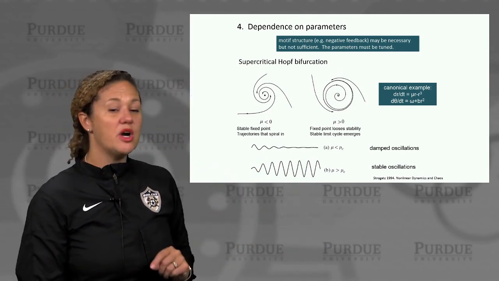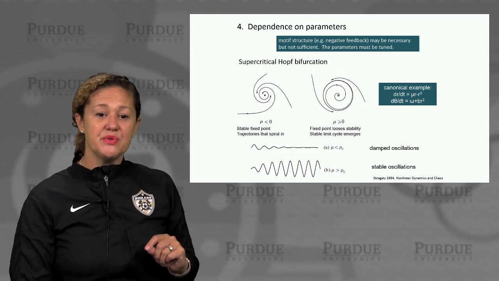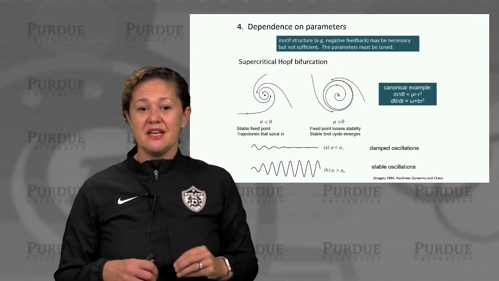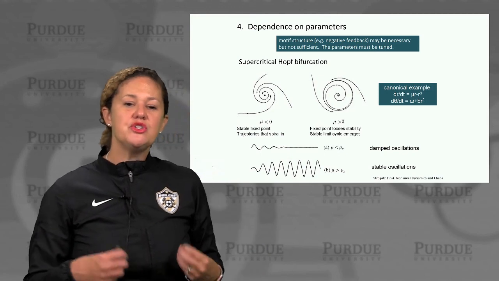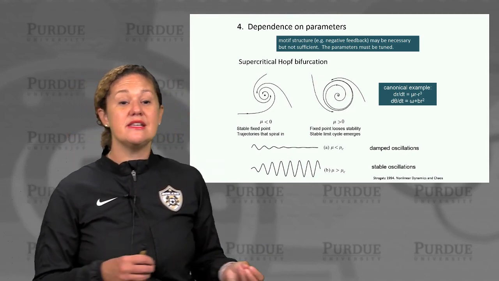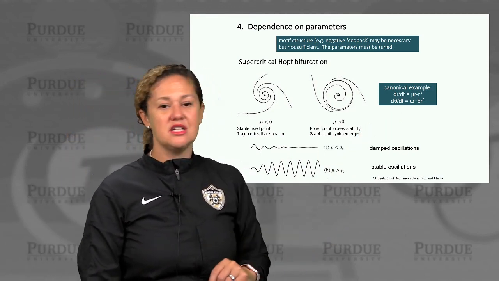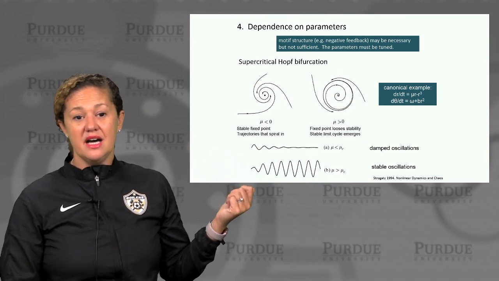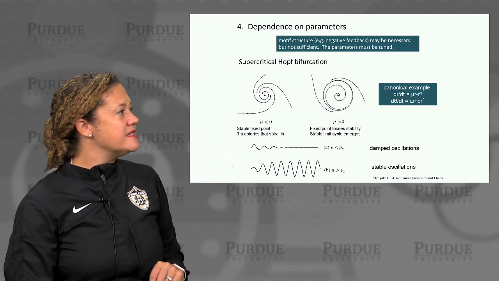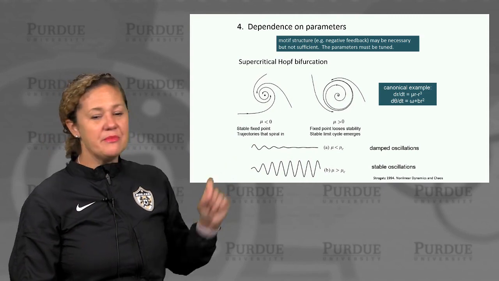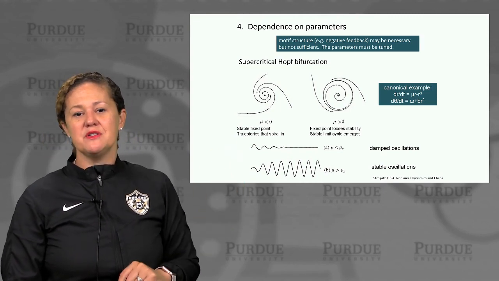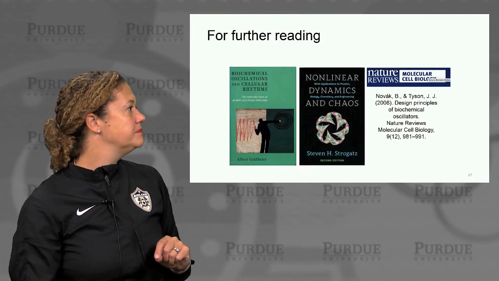This is where the tuning of parameter values comes in, often rate parameters in our biochemical examples. Tuning those rate parameters can in some cases result in oscillations and in others not. So the structure isn't enough. The parameters, and often rate parameters, must also be tuned.